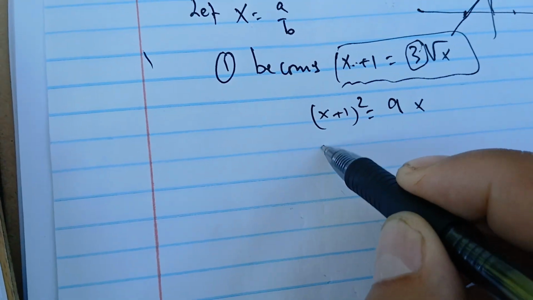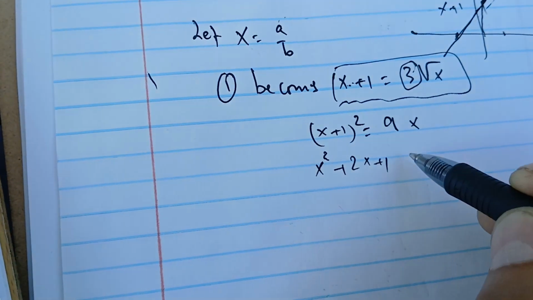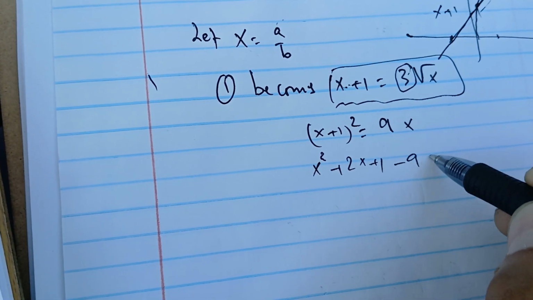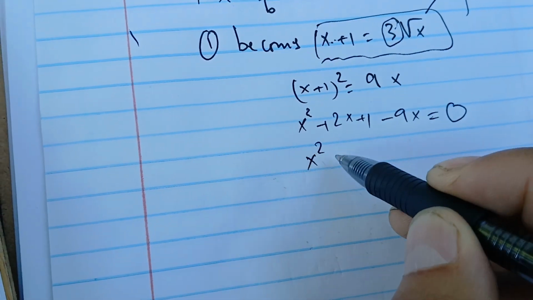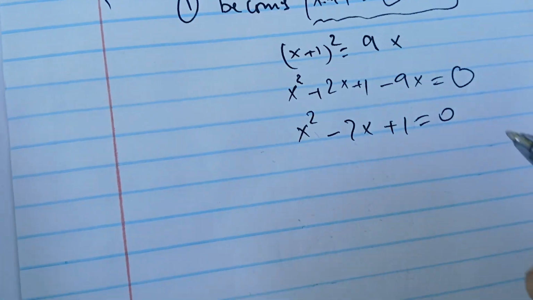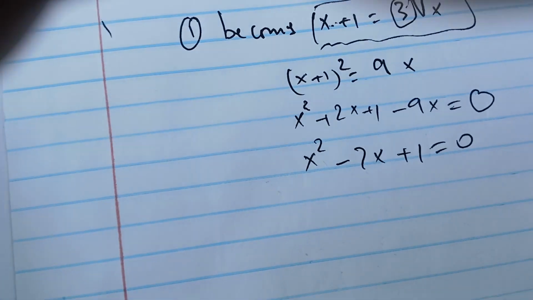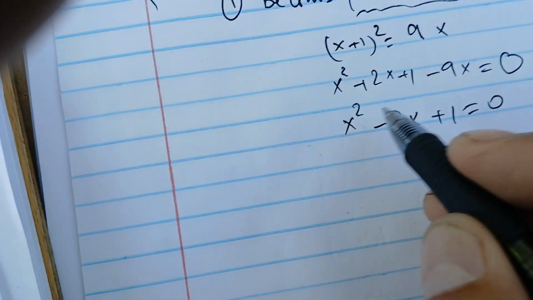Expanding, this equals x squared plus 2x plus 1. I'm going to subtract 9x from both sides. I have minus 7x, and here I have 0. Now we have this equation, x squared minus 7x plus 1 equals 0. Now we can use the discriminant and the quadratic formula to get x.